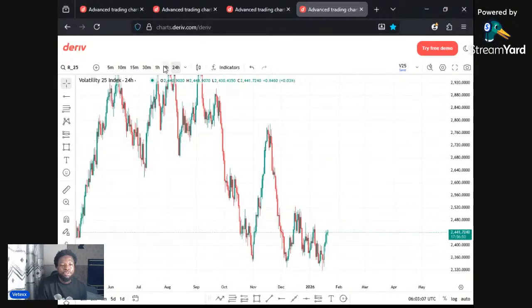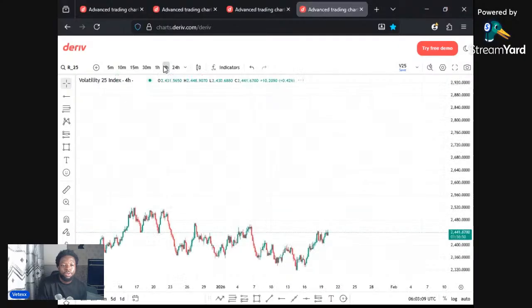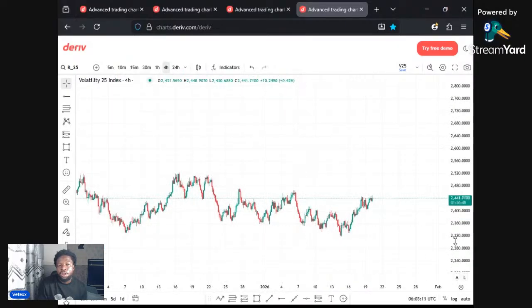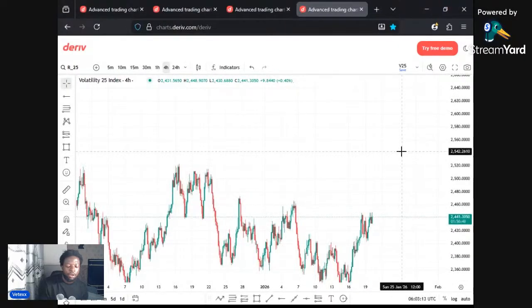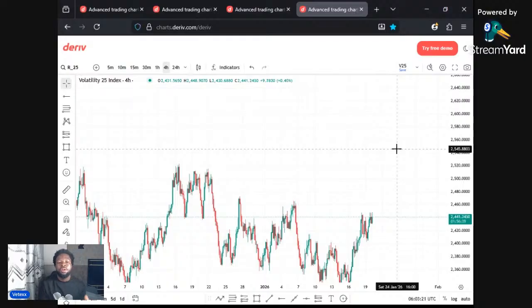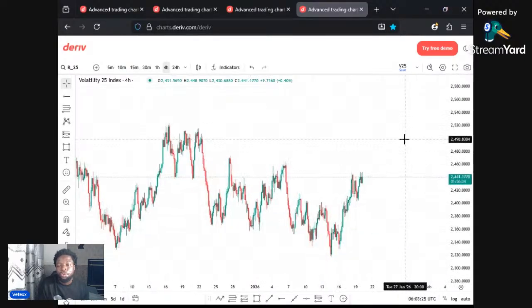Now we'll scale down to the 4-hour time frame since there's nothing on the 24-hour. Once we already have our direction on the weekly time frame, if the 24-hour time frame doesn't give us anything, we still know the same direction because weekly time frame has already given us the direction. So we can just go from weekly time frame or 24-hour time frame directly to the 4-hour time frame.